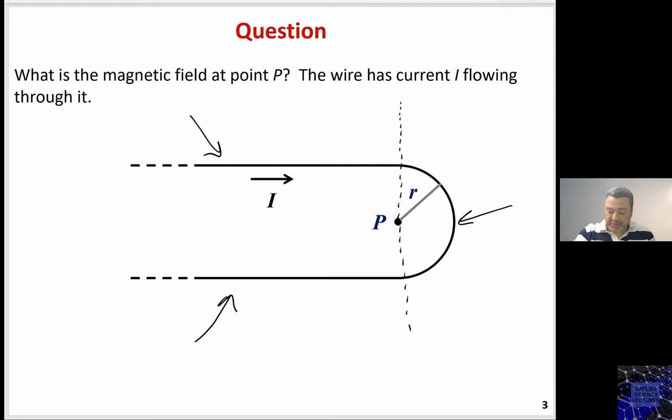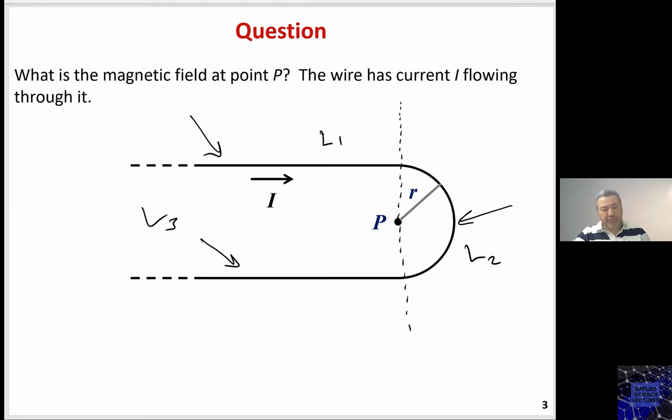So if this semi-infinite wire here is L1, then it is contributing to B1, and then this one is L3 contributing to B3, and then the half circle is L2 contributing to B2.